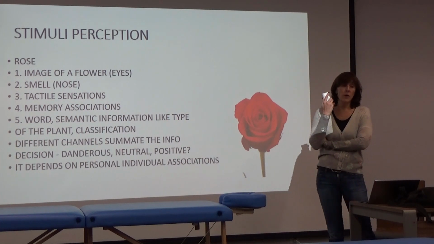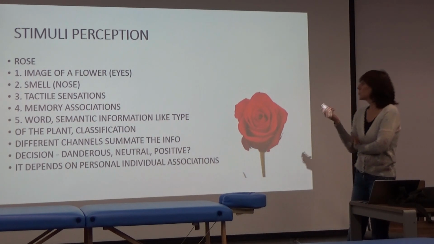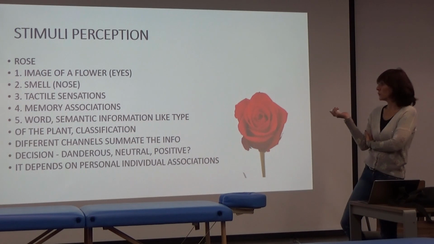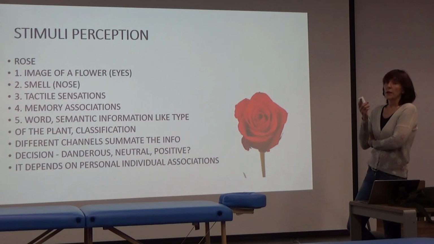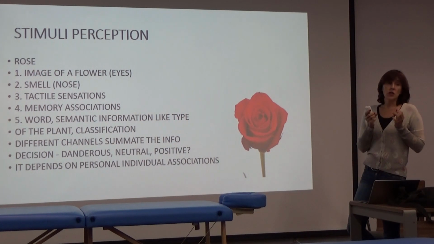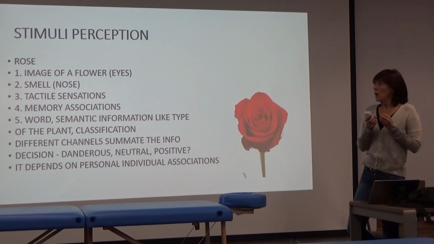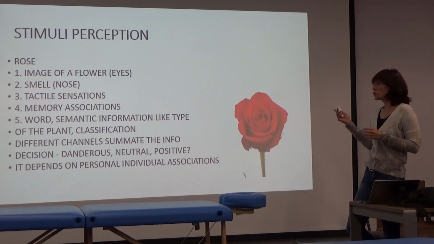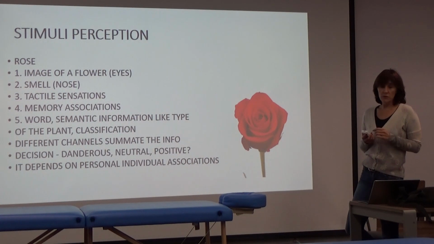Then we might think about semantic knowledge of this flower, so it's a plant, classification of this plant. And all the different channels deliver the information to the parietal cortex where the association happens. So the brain tries to put all the information together, and then it's coded in a certain word. For example, it's rose, in different languages, different words.